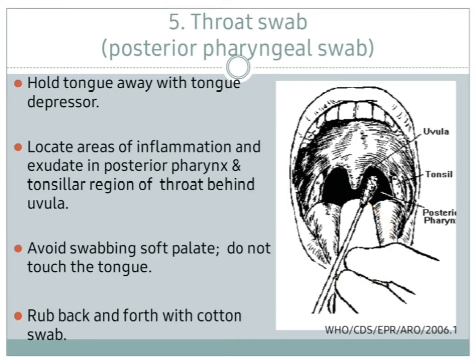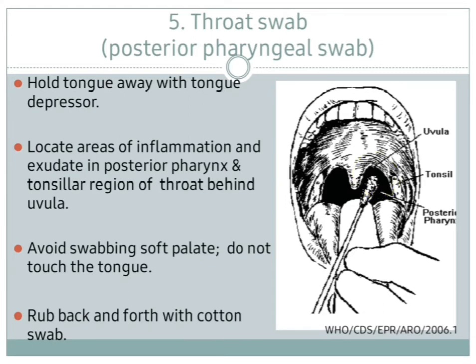Then locate the areas of inflammation and exudate in the posterior pharynx and tonsillar region of the throat behind the uvula. We have to avoid swabbing the soft palate, and not touch the tongue, because we want to know the microorganism that is found in the tonsils and posterior pharynx.